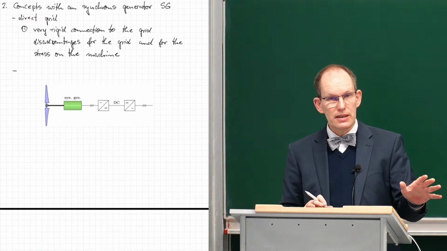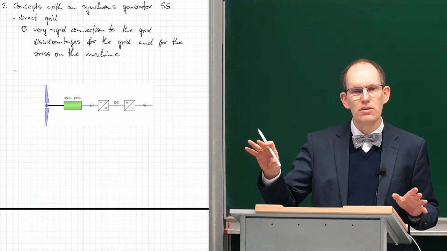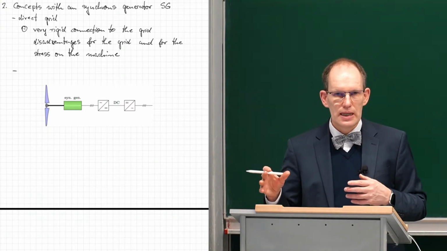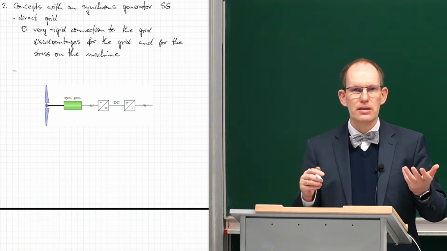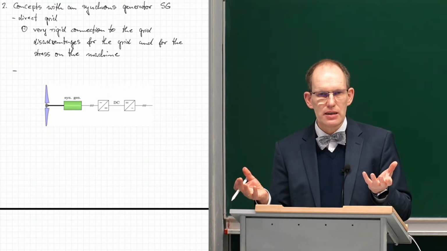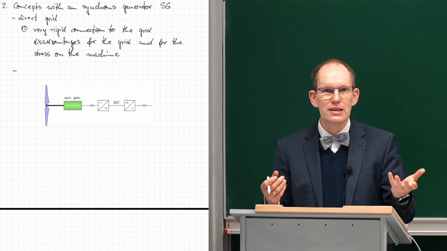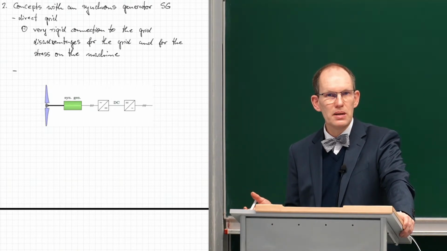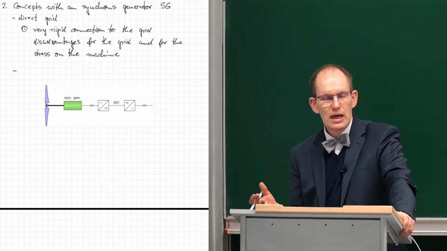The other thing is that you can use 2 different kinds of synchronous generators. The usual way is that the magnetic field is generated by external excitation, in German fremderregt.